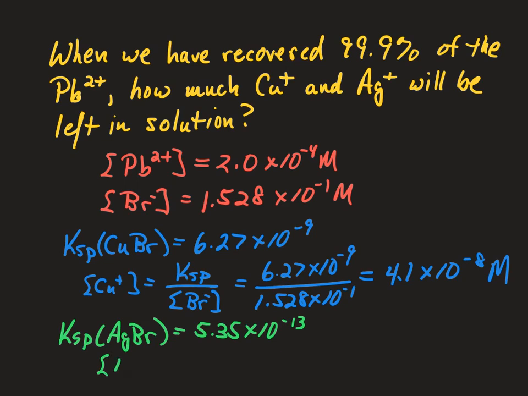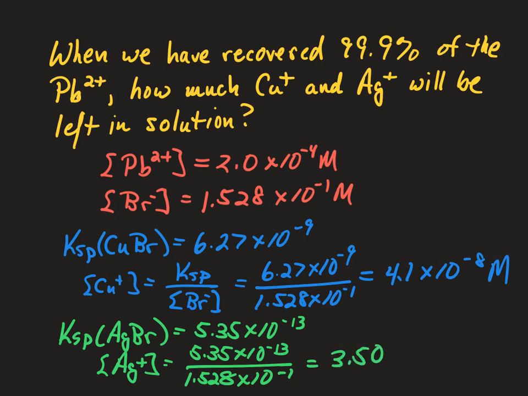So our concentration of silver ion is going to be equal to that KSP, 5.35 times 10 to the minus 13, divided by the concentration of our bromide ion, which is 1.528 times 10 to the minus 1, and we get that there's about 3.5 times 10 to the minus 12 molar silver ion left. This was copper ion left.